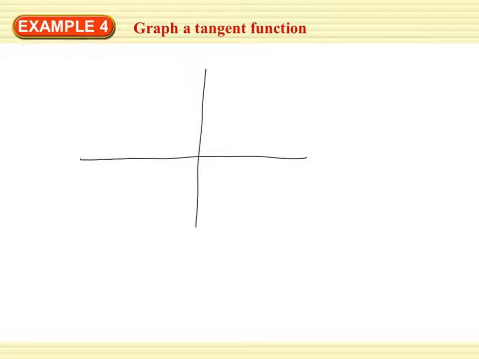So I know, highlight this, x-intercept is 0, 0. My asymptote is going to be pi over 6, and about there, negative pi over 6.